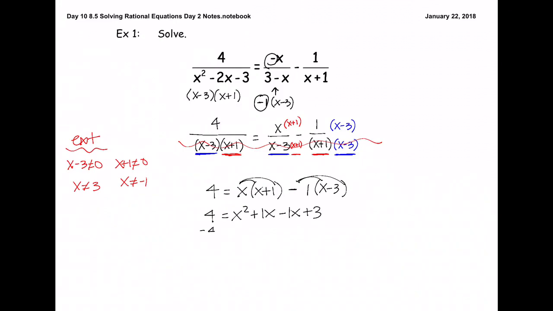So a common error is a negative times a negative. Sometimes we forget that's a positive. X squared, 1 minus 1 cancels out. 3 minus 4 is negative 1.